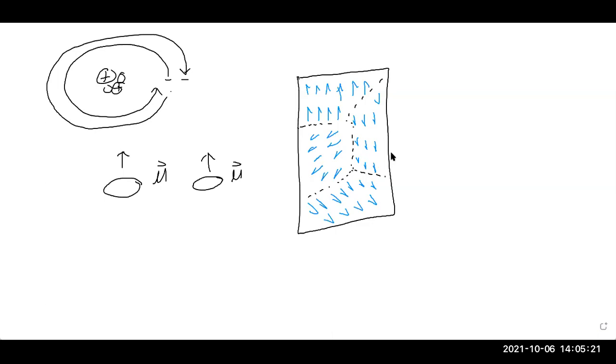If a strong magnetic field is applied to this, then you can change the magnetic domains. So atoms can be switched to a new domain.